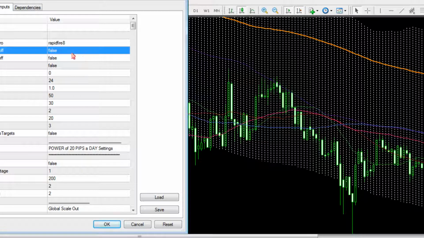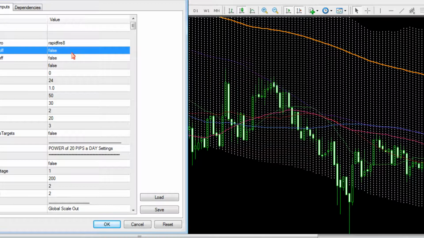Now, the first thing to say is high news shutoff I have set to false, and medium news shutoff. At the moment with the PA as it is, I'm finding the high points of the day are around the news announcements when we do get a bit of volatility. As I say, this is a manual system, so you are there watching.